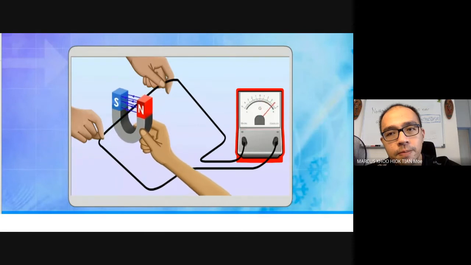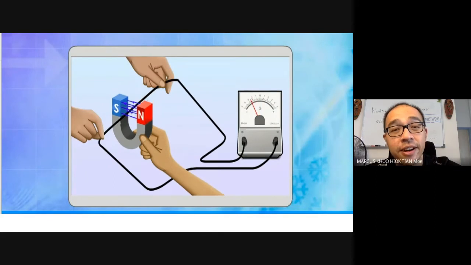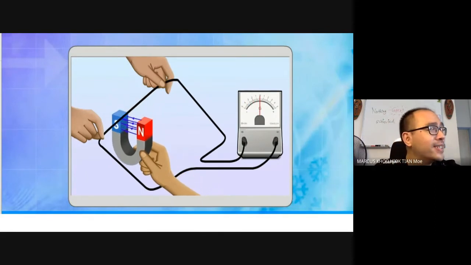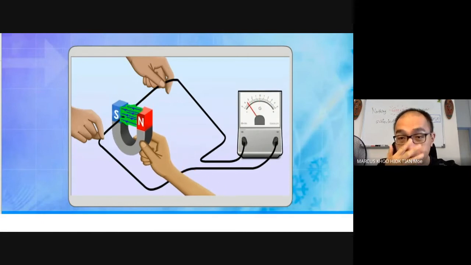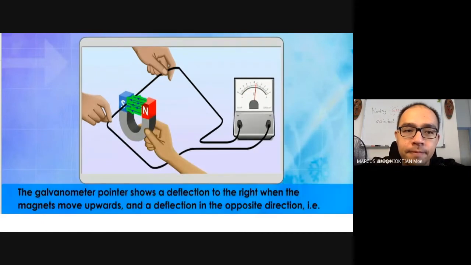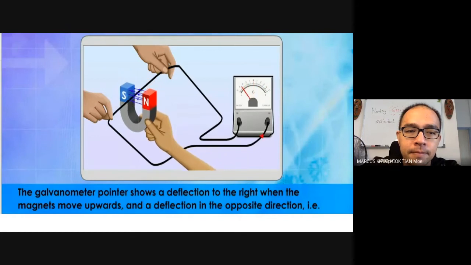Why? Very important. As the magnets move up and down, the magnetic flux is being cut by the wire. An EMF will be induced across the wire and cause an induced current to flow.